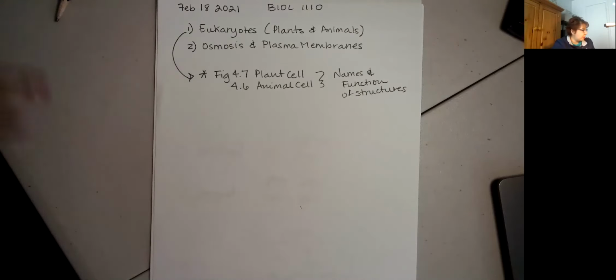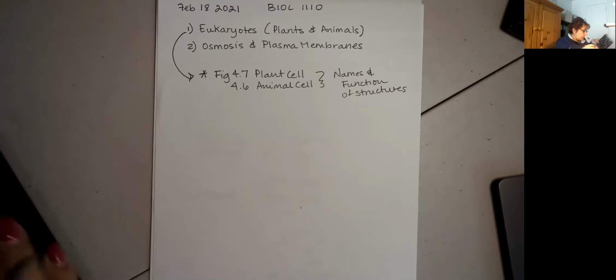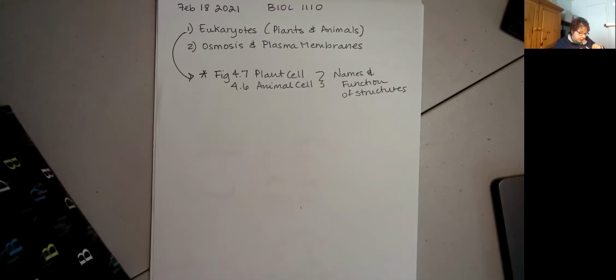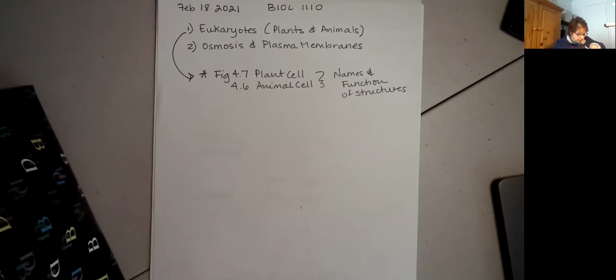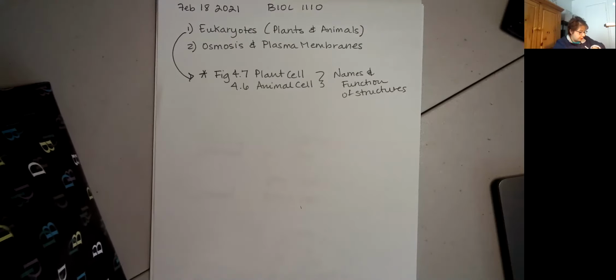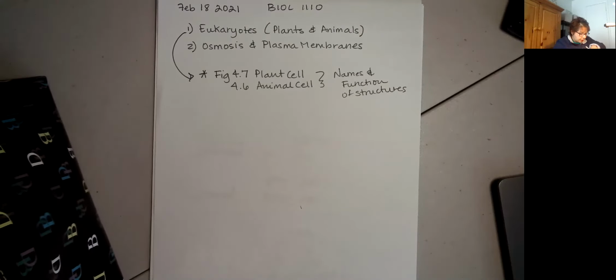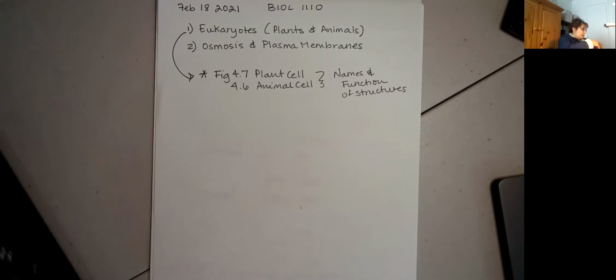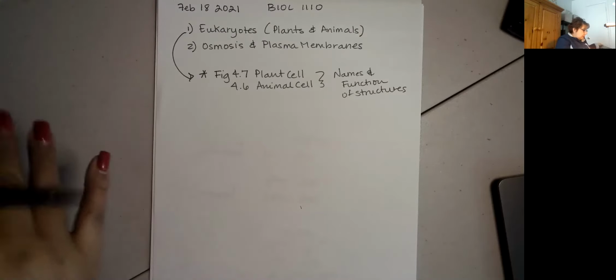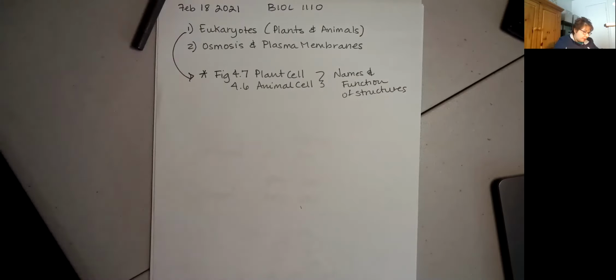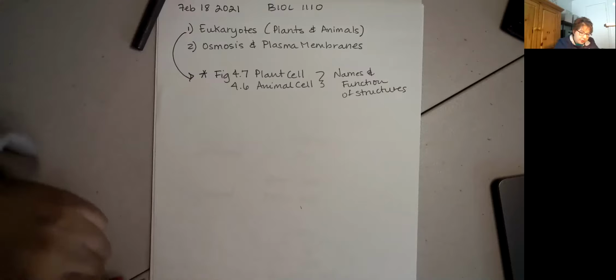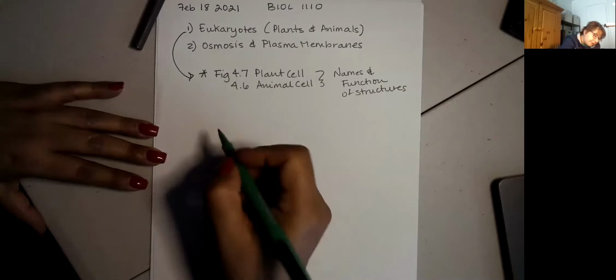So we'll start out drawing our plant cell. I'm going to need some different colored markers today. All right. So starting first with my plant cell, and I'm going to try and draw them both on this same sheet of paper here.